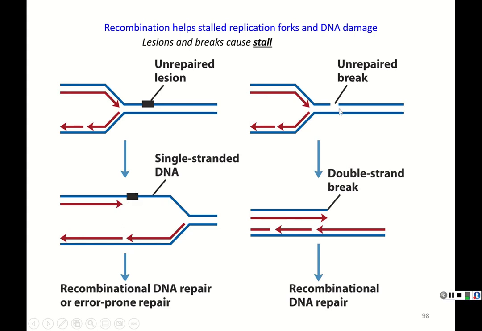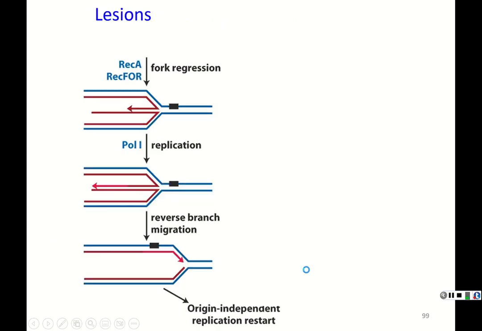If you also have something like a double-stranded break that's not repaired and you're trying to replicate this, again, you're going to get a polymerase. When it comes to that, it's going to stall. And in both of these cases, the recombination repair can help fix these.